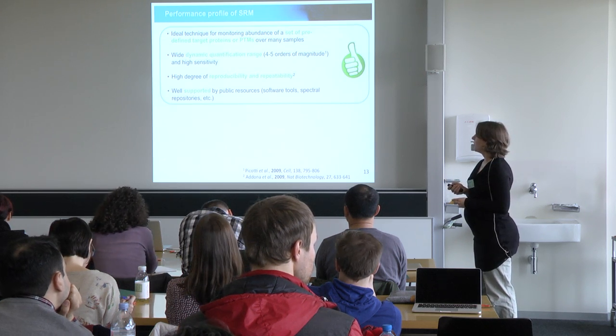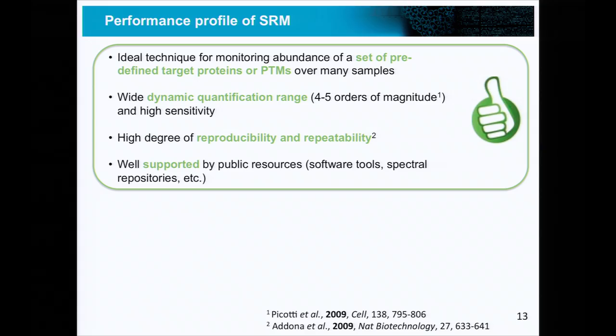Okay, so just to summarize this first part, the performance profile of SRM is shown here in green, the advantages. So SRM is always the ideal technique for you if you want to monitor a small set of predefined target proteins or predefined PTMs, and if you want to do this over many samples.